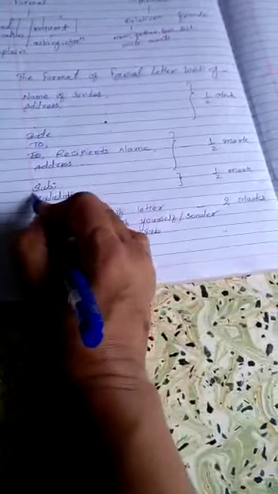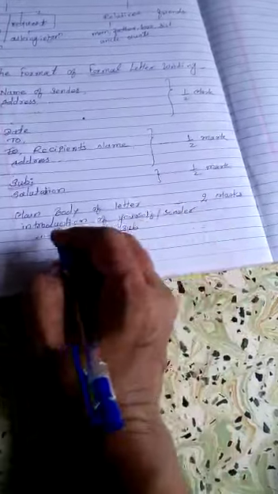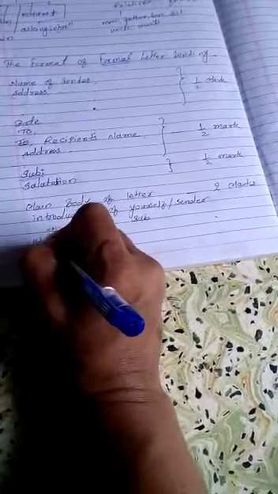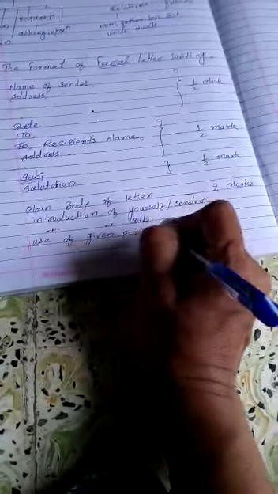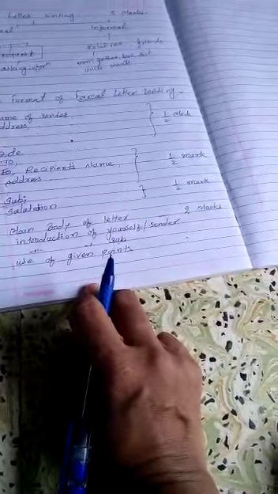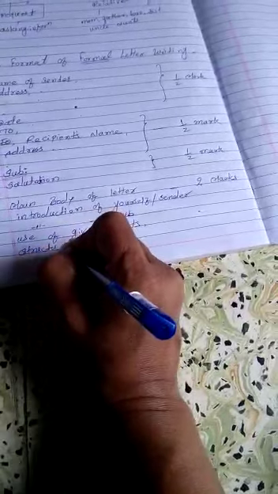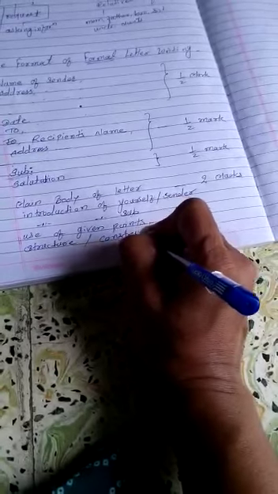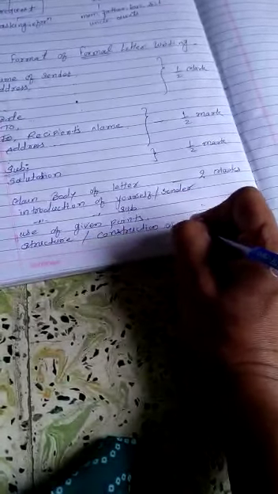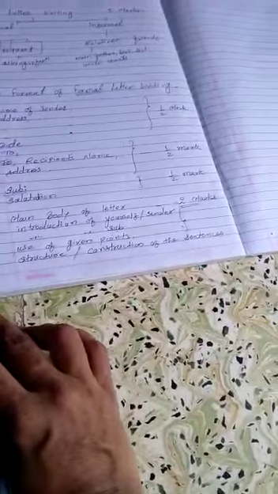Here you have been given the subject, you have to give the introduction of subject. Then use of given points is also needed. All the points must be covered in the letter writing. And the structure or construction of the sentences. All these things carry the 2 marks.